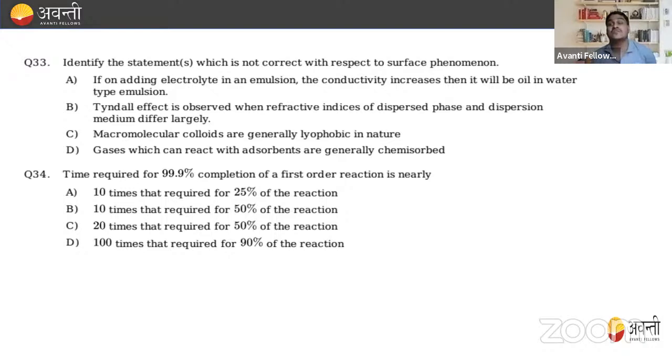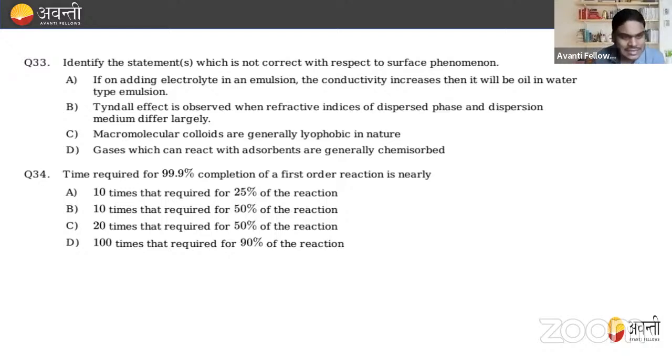The first point: if on adding electrolyte to an emulsion the conductivity increases, then it will be an oil in water type emulsion.